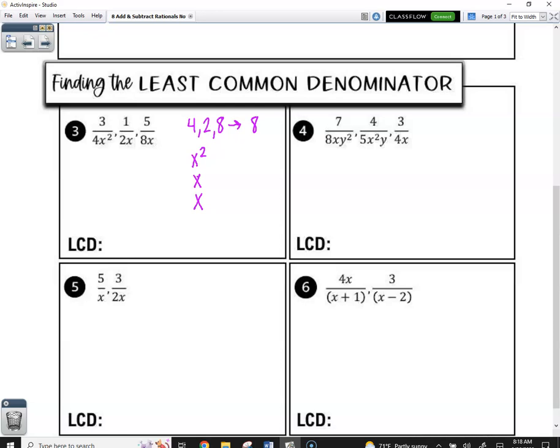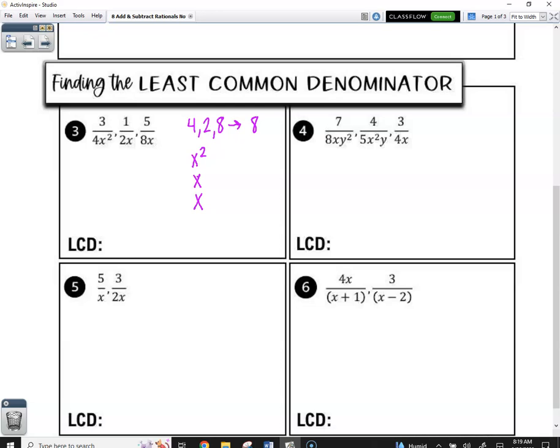Polynomial LCD, instead of thinking as the largest, because you don't know any value, you just know x squared, think of it as the most complicated, most intense. So x squared is the most complicated, right? This is plain old x, but this is x squared. So this is your LCD if the other terms would divide into it.